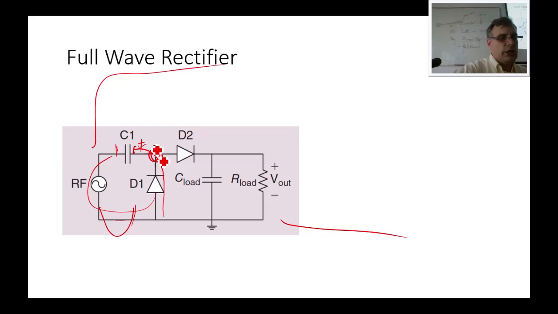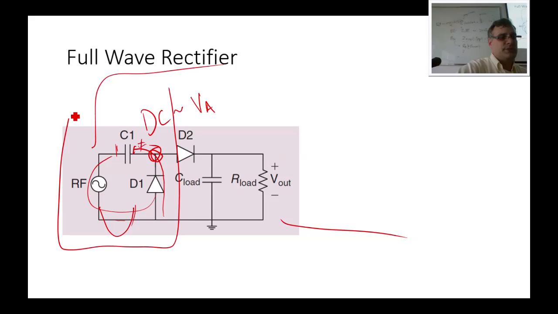Right here, this node is going to have a DC value that's about equal to the amplitude of the RF waveform. If you just look at this section, this is basically a single stage half-wave rectifier. So now you're always starting from a DC voltage that's about this value.